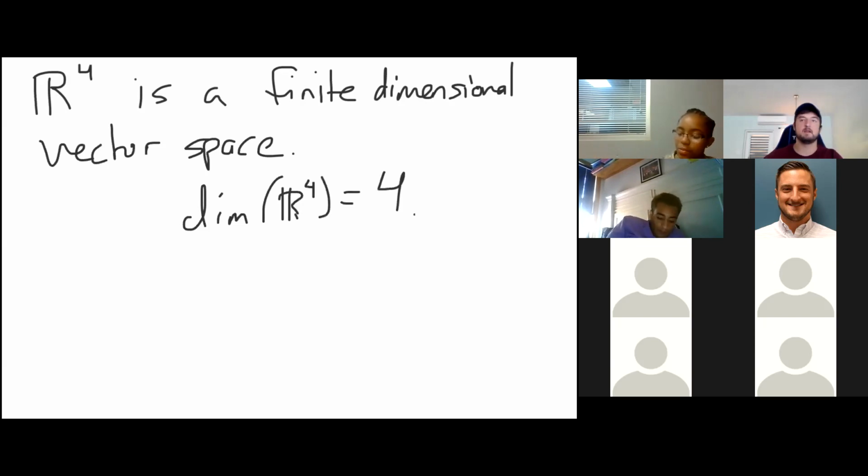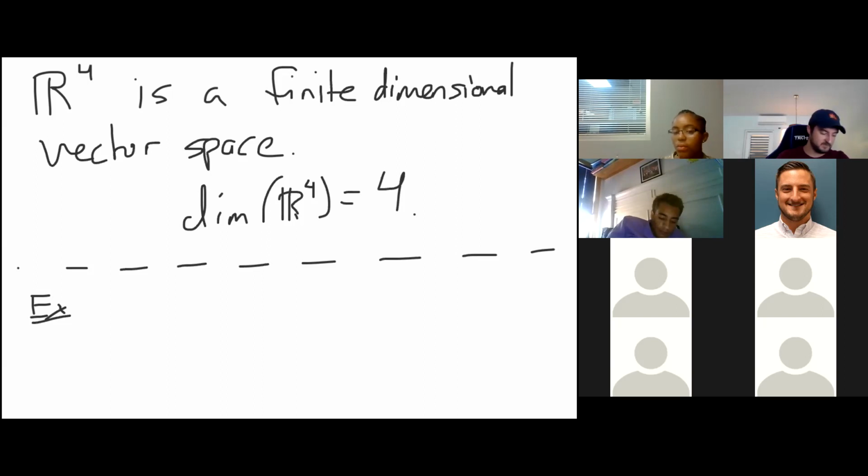Yeah, it's a finite number. However, we're not going to go into infinite dimensional vector spaces, like I said, but there is an example of an infinite dimensional vector space that we've seen, and you actually study a lot, especially y'all in calculus, which is the set of continuous functions on a closed interval AB.